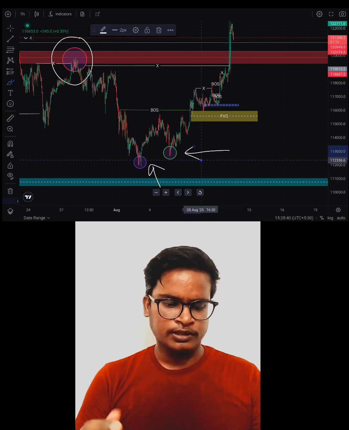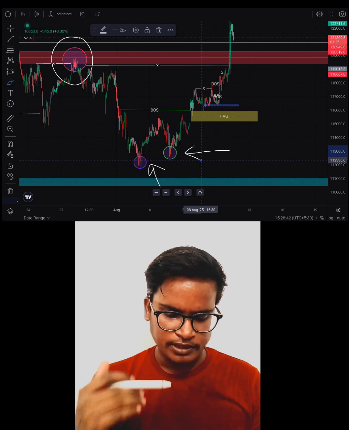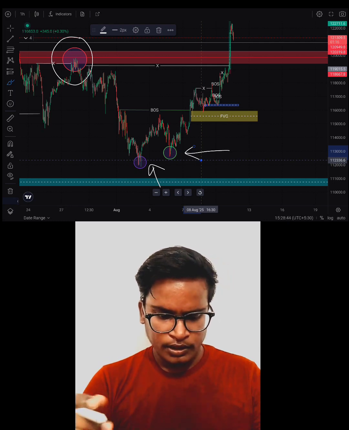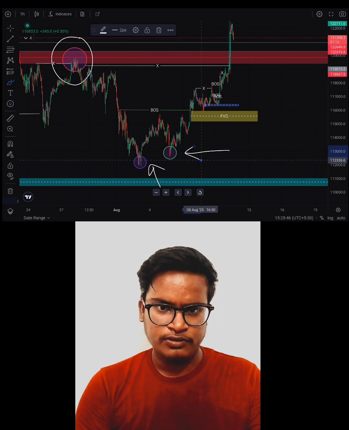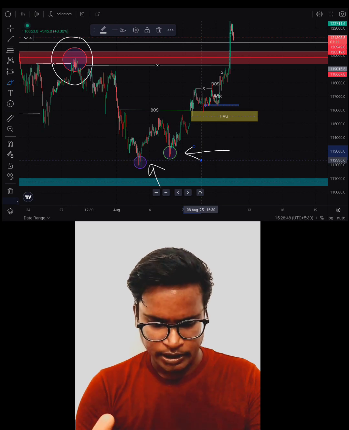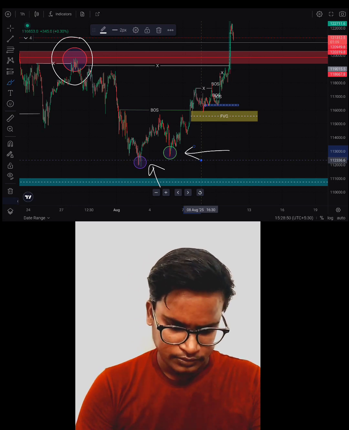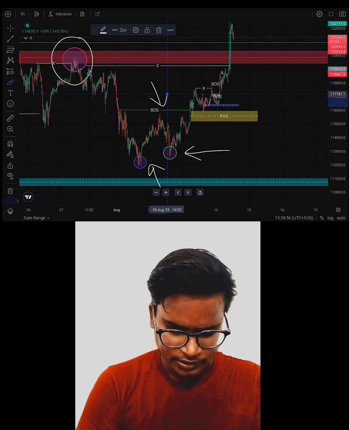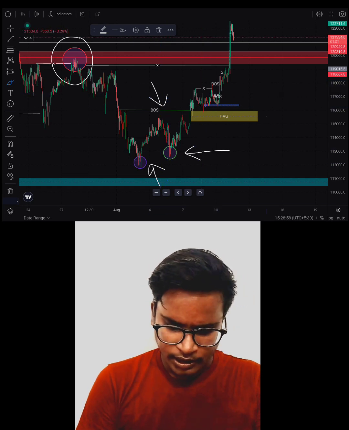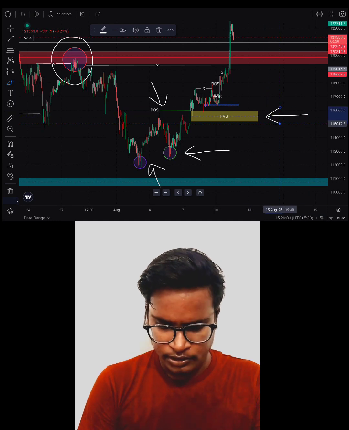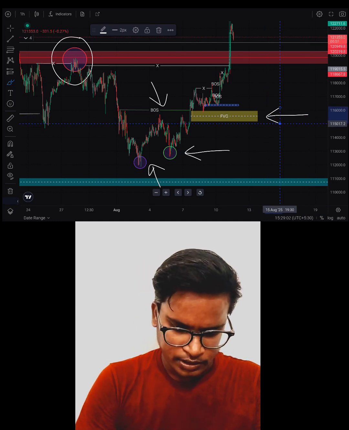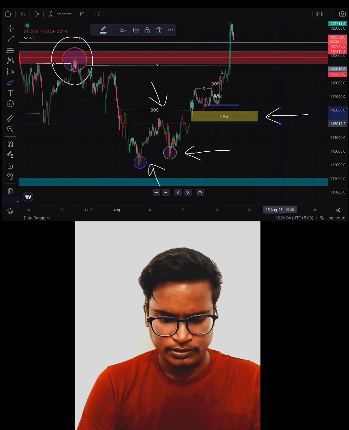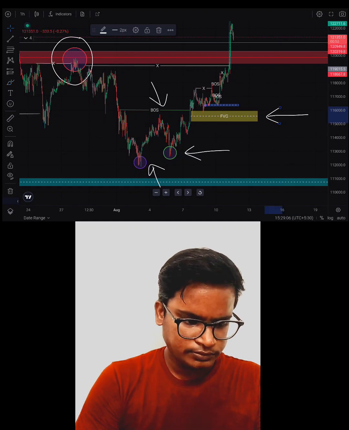From here the bulls are actually trying to make a move. They are trying to take control in this scenario. The market has given a nice break of structure, and we have formed a new fair value gap from which the market has given an upside momentum. That's good.